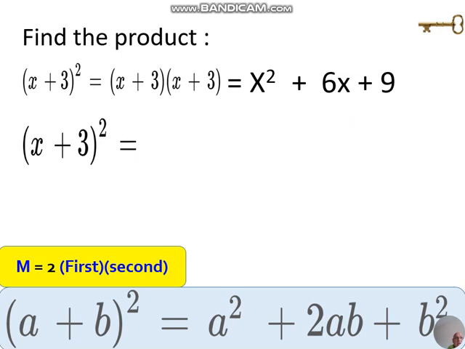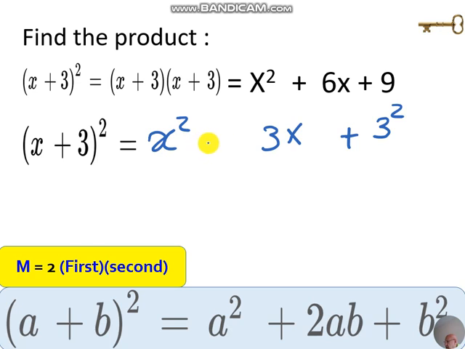To find x plus 3 quantity squared in a short way, I can square the first, x squared. Square the second, always positive, 3 squared. You multiply the second times the first, 3 times x is 3x.